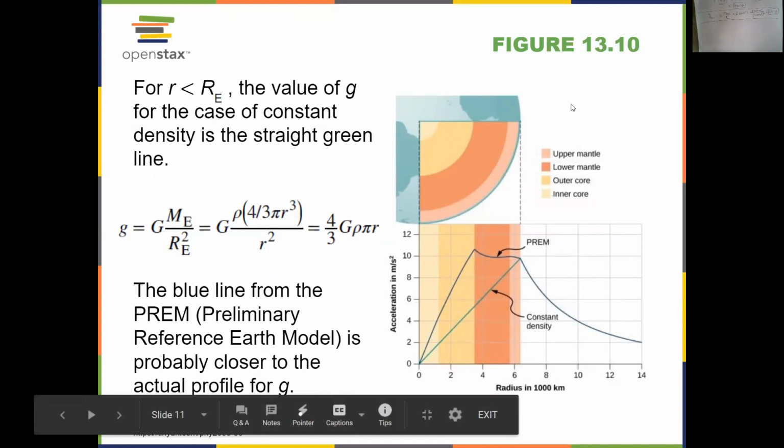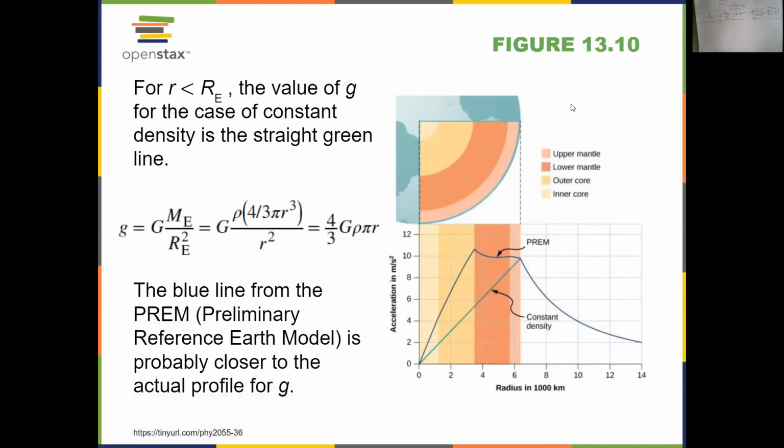For the Earth itself, we say g is equal to 9.8, but if you go inside the Earth, you will see that the mass of the Earth is not distributed homogeneously.